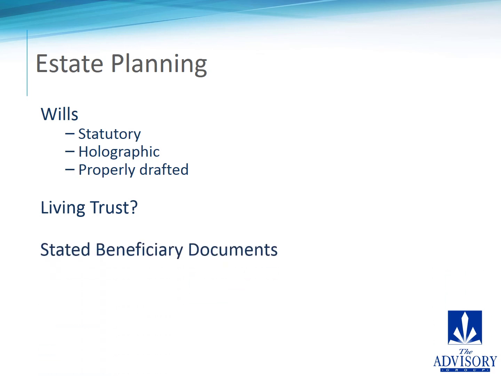I also want to make one quick note here. Investments or policies which have stated beneficiaries are not controlled by your will. Your IRAs, pensions, life insurance, annuity policies, all these things have you state who the beneficiaries are when you set them up.